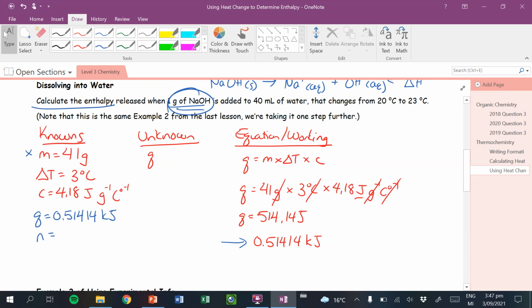So I need to take the 1 gram and divide it by the molar mass of sodium hydroxide, which is 40 grams per mole. That cancels out, and what I get is 0.025 moles. So I hope that makes sense to why I was doing that.